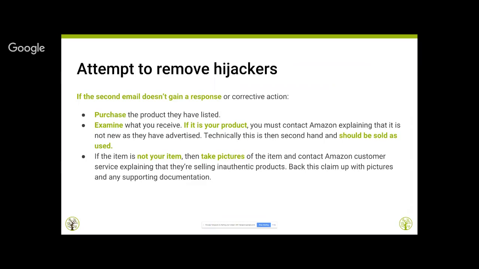So if in any way that product does not match the detail page, whether it's the printing or the material or the dimensions, it could be anything, then it should not be listed on that listing. It doesn't match. And so it's an inauthentic product, and you're going to send that on to Amazon and back that up with pictures of that discrepancy. And then you would await a response from Amazon on this.